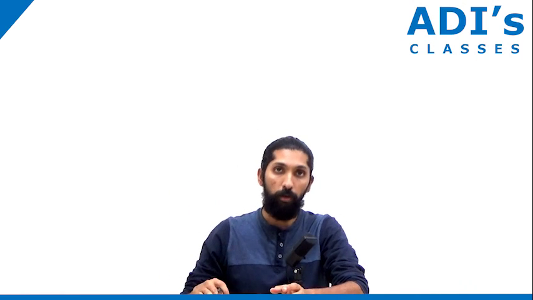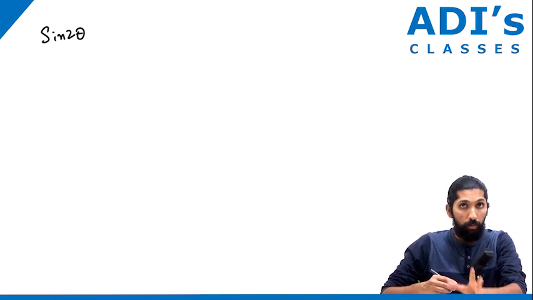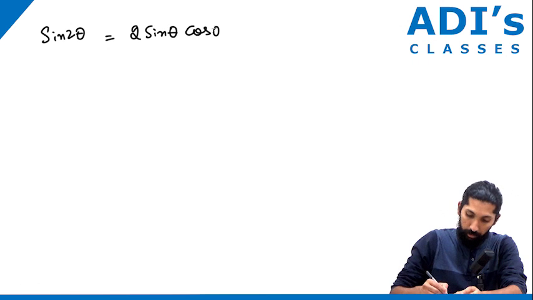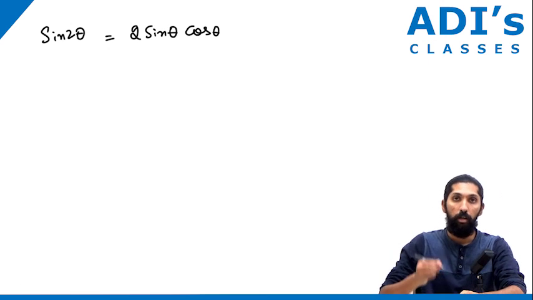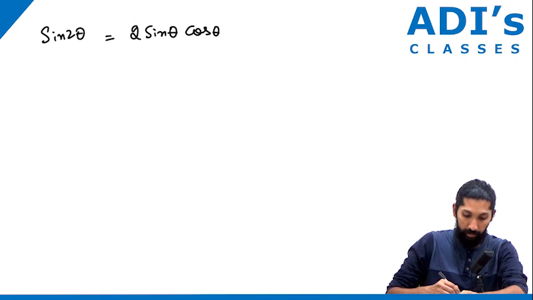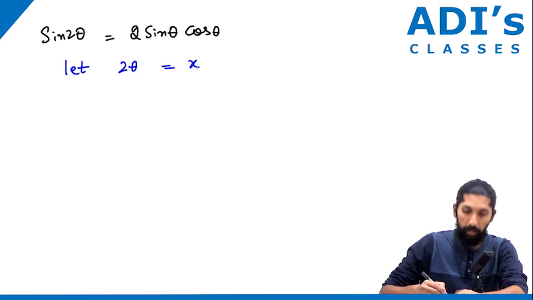Alright. Now for this, we are going to take the multiple angle itself. In the sense, we are going to start by taking, let's say, sin 2 theta. We know what the formula is. The formula is 2 sin theta cos theta. Correct? Now what we'll do is assume that 2 theta is equal to some value x.